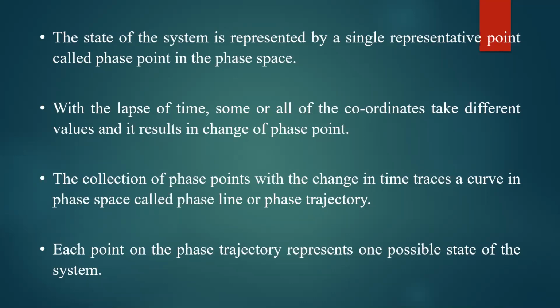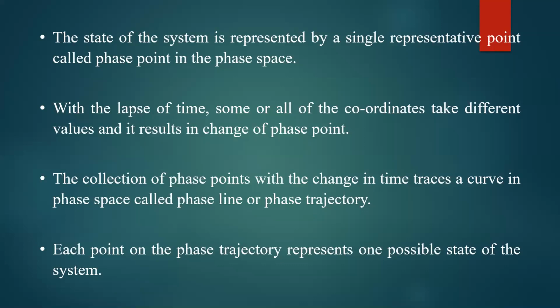That means when the trace, the phase trajectory, comes, all the points in it are representing one possible state of the system. That means the momentum and position that can be observed for that particular system. Okay, so remember three definitions. What is a phase point? A phase point is a single representative point in phase space which represents the state of the system at a given instant of time.